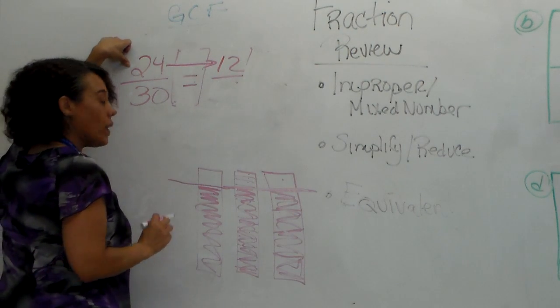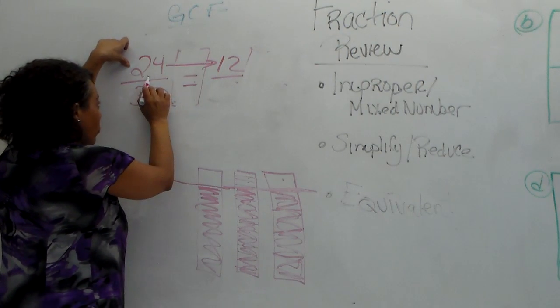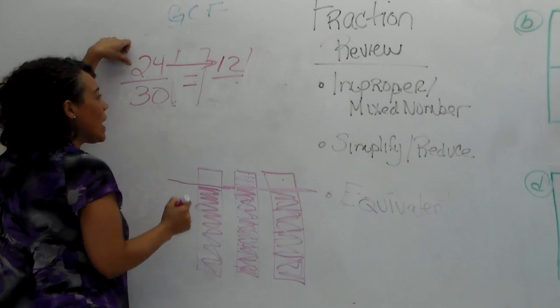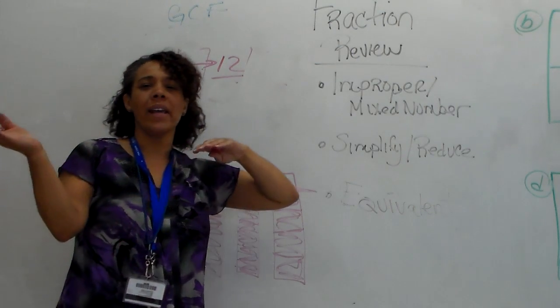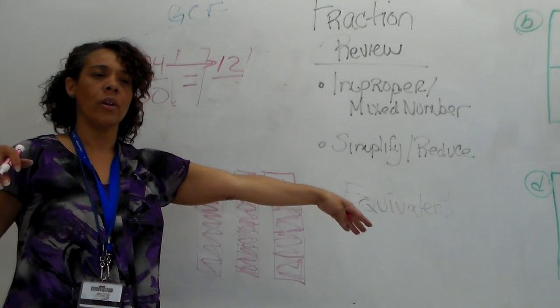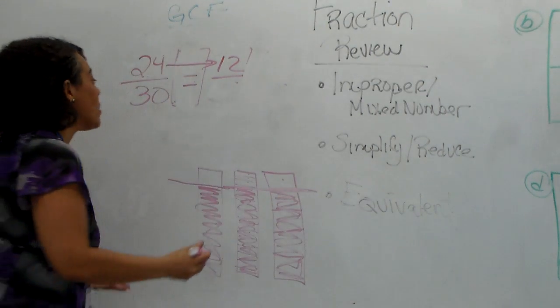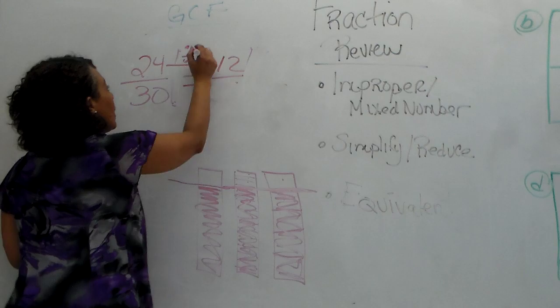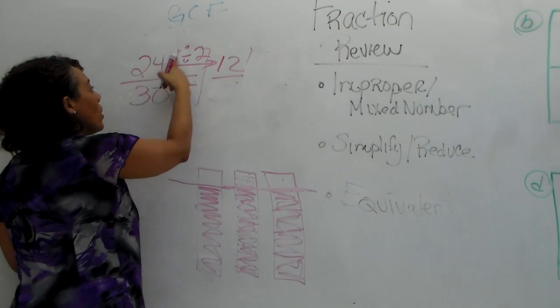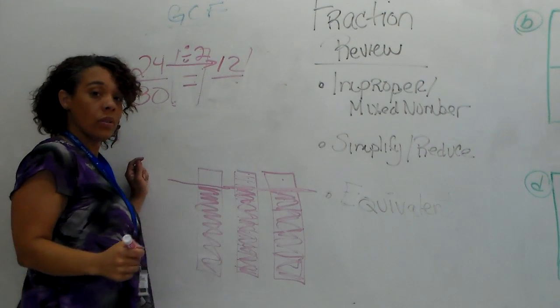What I do know is they gave me a pattern from 24 to 12. And I need to think, how would I get from 24 to 12? Oh, I probably divided it in half. That's what it looks like they did, divided it in half. 24 divided by 2 is 12.